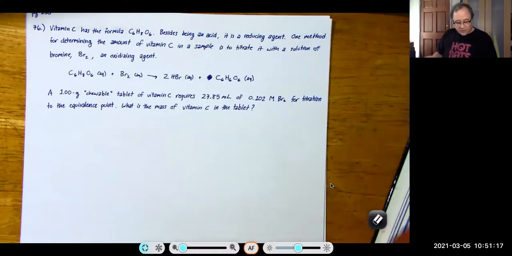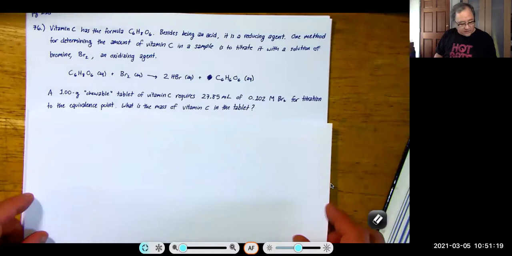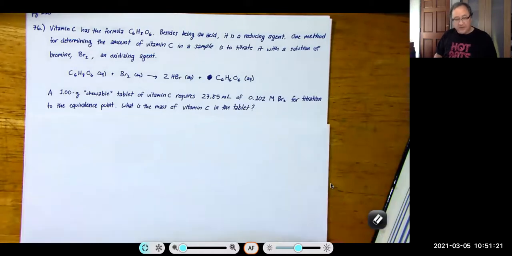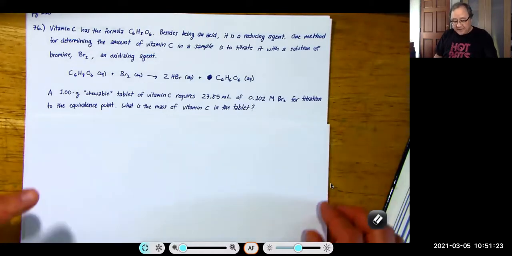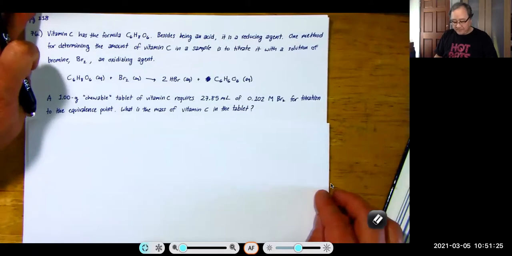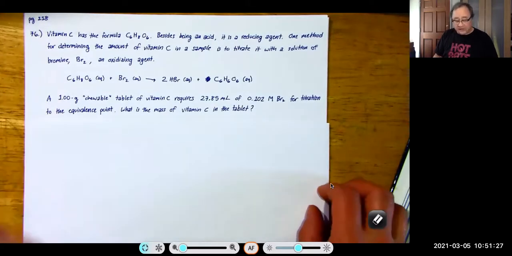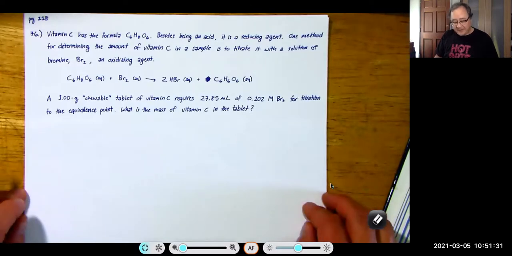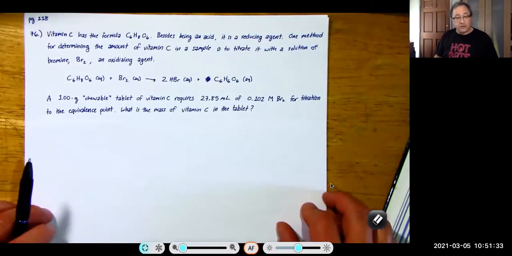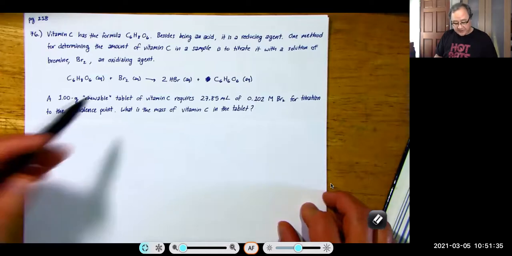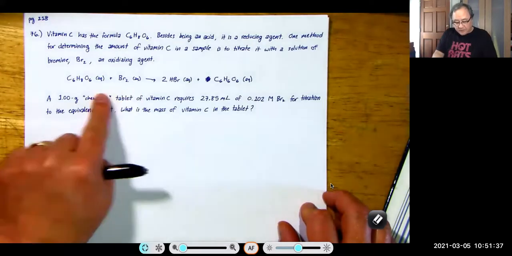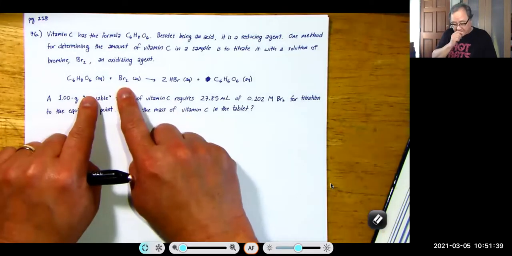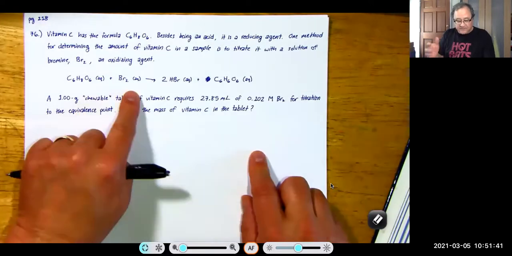Vitamin C has the formula C6H8O6. Besides being an acid, it is a reducing agent, which means it gets oxidized. One method for determining the amount of vitamin C in a sample is to titrate it with a solution of bromine, an oxidizing agent. For our lab, we tried to use a different oxidizing agent because this solution is kind of nasty.